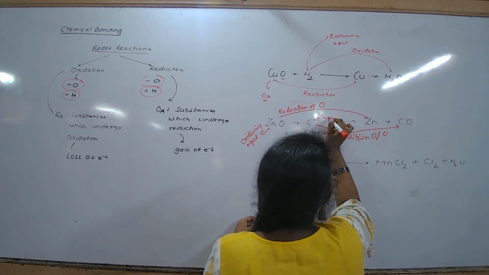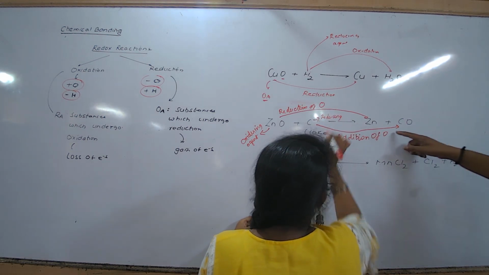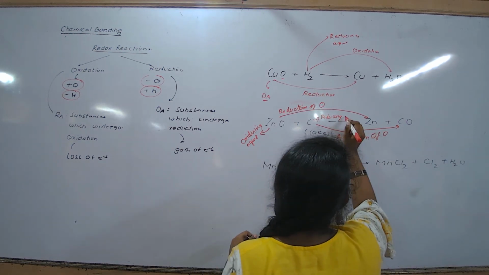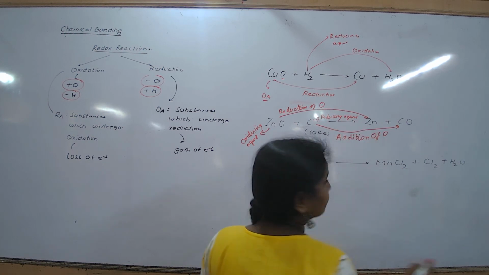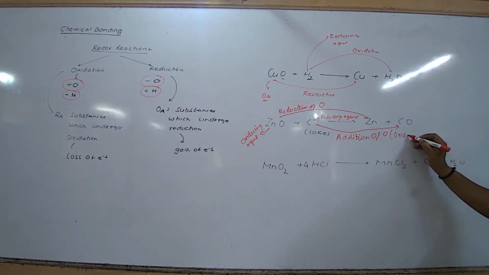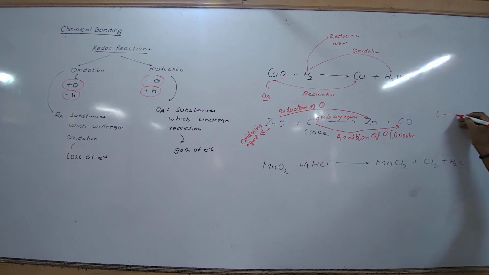It is a reducing agent. Carbon is getting oxidized to carbon monoxide, and zinc oxide is getting reduced to zinc. Zinc oxide is an oxidizing agent and carbon is a reducing agent.